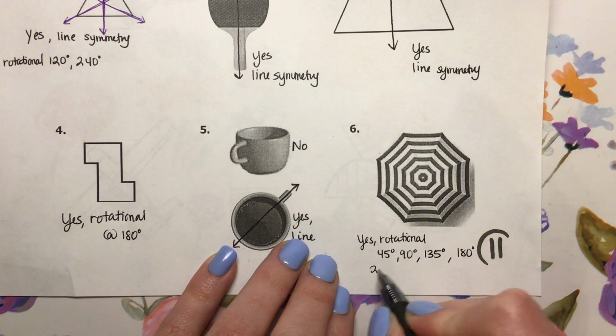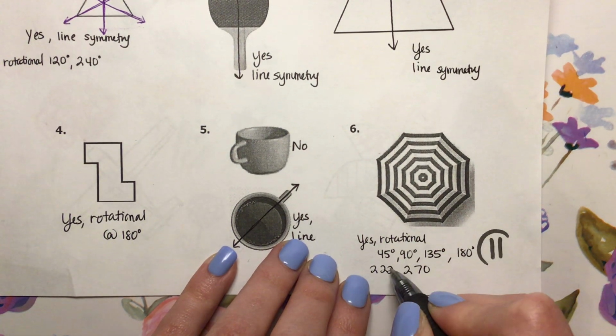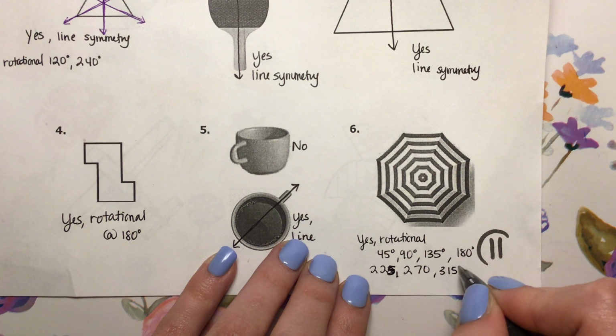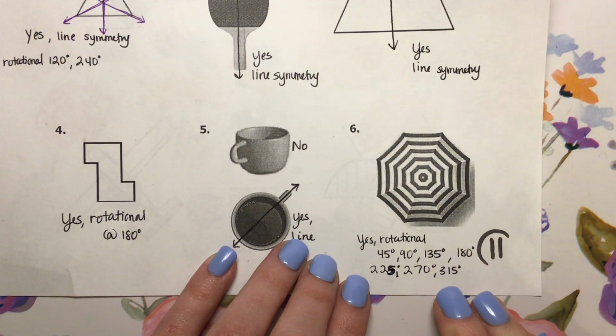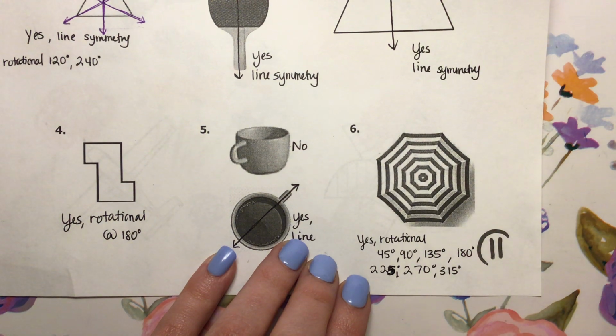Another 45 would be 225, my apologies. 270. And then 315 degrees. I'm not going to add that last 45 degrees because that would be 360, and we know that all shapes have 360 rotational symmetry. So yes, I can spin this umbrella to where it looks as though it's in the same position.